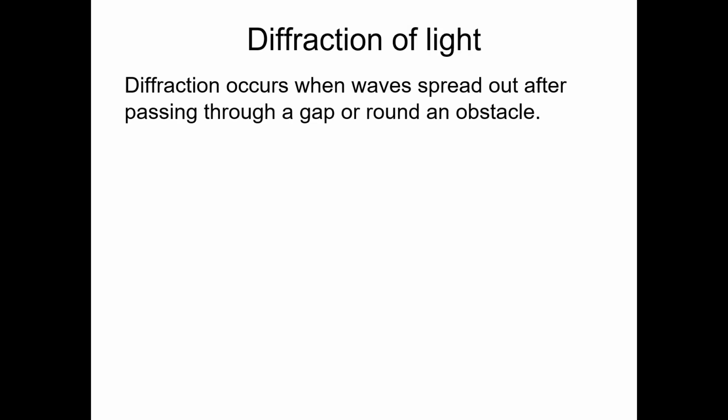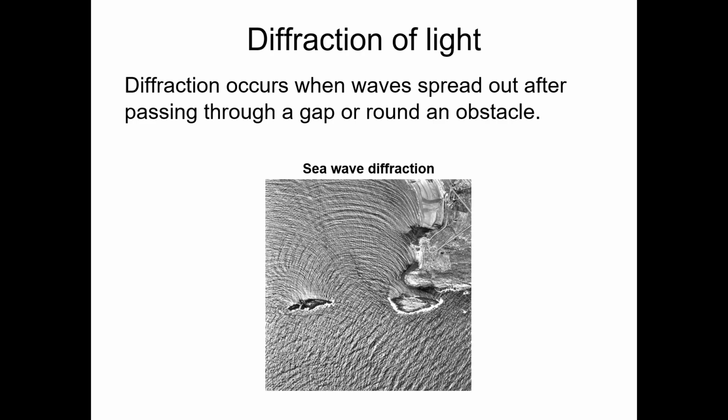Now, finally here, I've got a little bit about diffraction. This isn't in the IGCSE course anymore. It used to be. Diffraction occurs when light spreads out after passing through a gap or round an obstacle, a sharp corner, that kind of thing. You can see there's some diffraction of sea waves, for instance. That's more an A-level thing, but I thought I'd stick it in because you're not just teaching to pass the test.